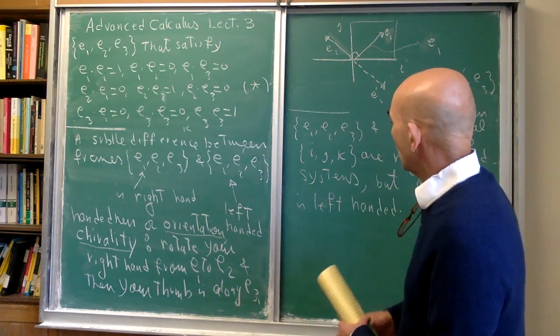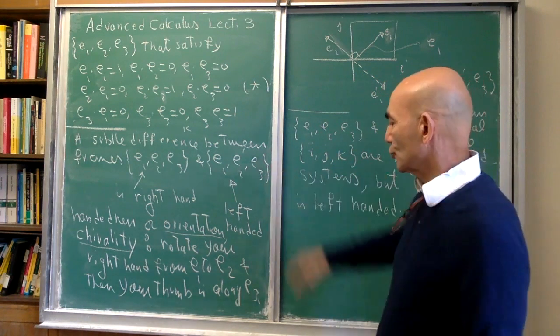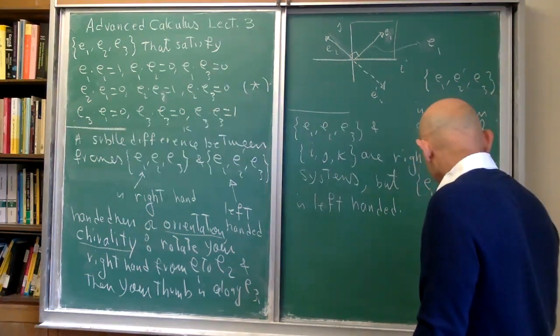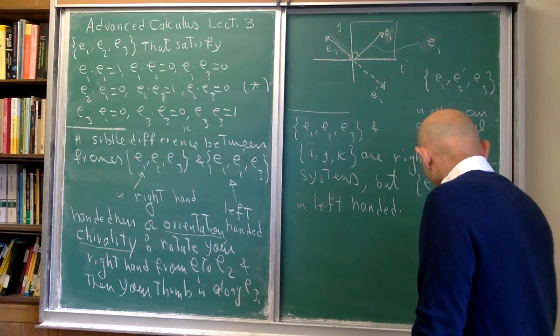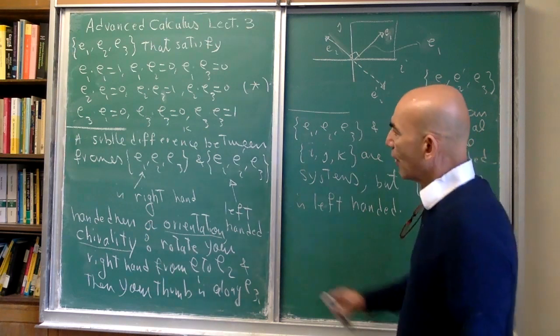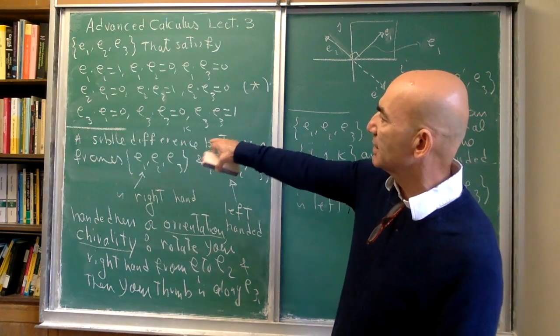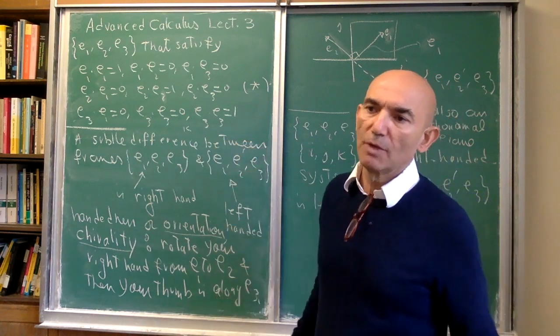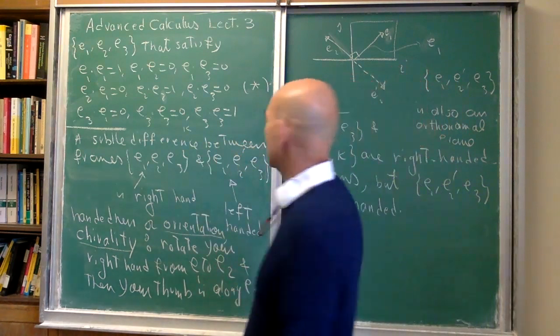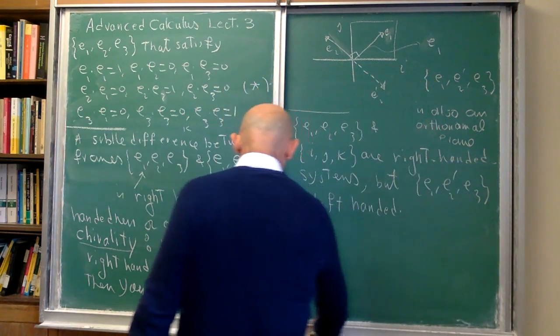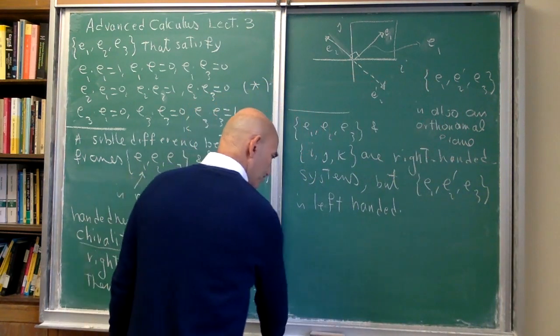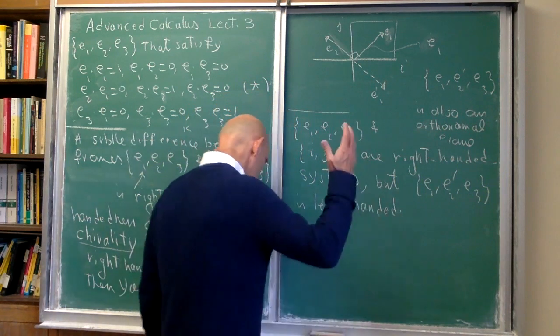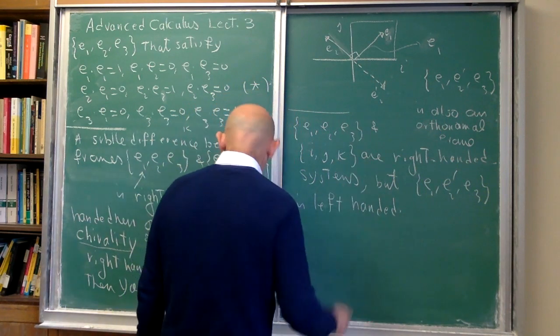Another point of these orthonormal frames I wanted to emphasize is that you can write any vector in terms of these three vectors very easily. Let me give you an example, then the idea will become clear very easily. So here's an example.